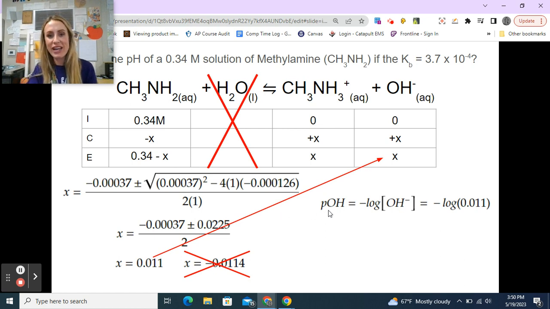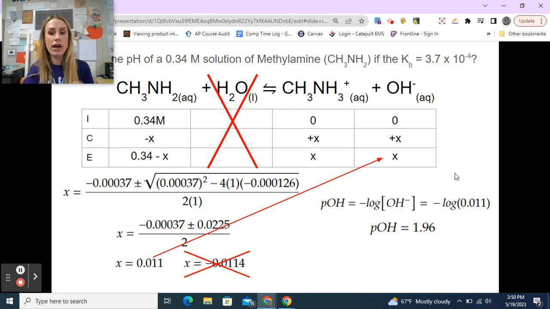So I get pOH equals a negative log of the hydroxide ion concentration. I know that my hydroxide ion concentration at equilibrium is this 0.011. I just got that from all of that math I just did. So I'm just going to plug this in for my hydroxide ion concentration here. So I get negative log 0.011. Plugging that into my calculator, I get that the pOH is 1.96.